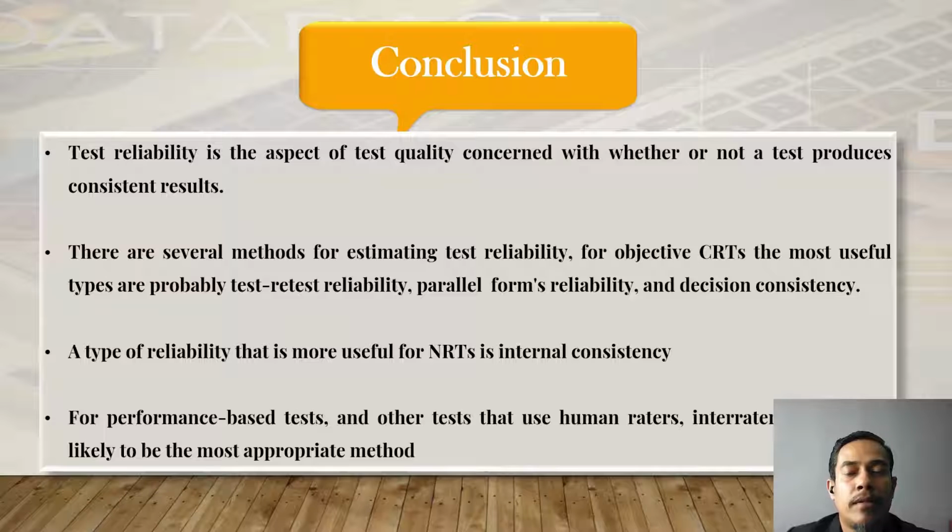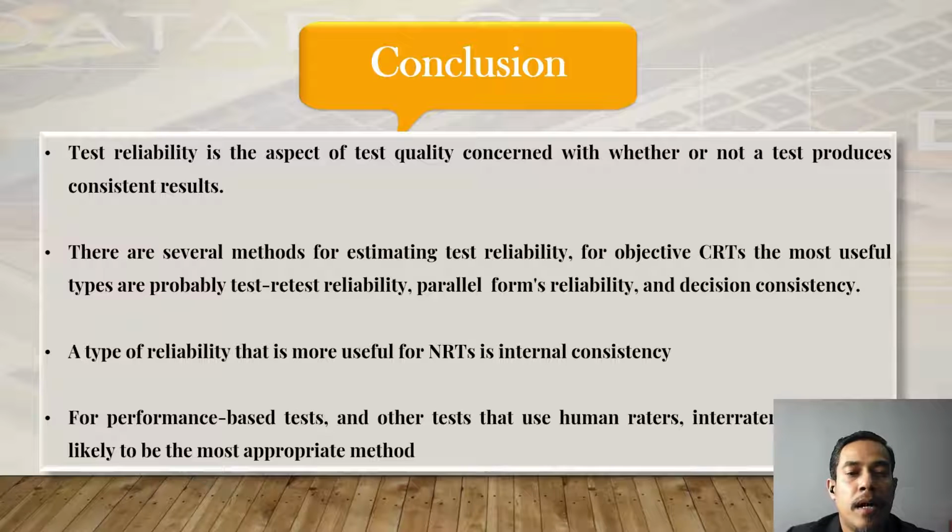For objective CRTs, the most useful types are probably test-retest reliability, parallel forms reliability, and decision consistency. It must be consistent; it cannot be inconsistent.